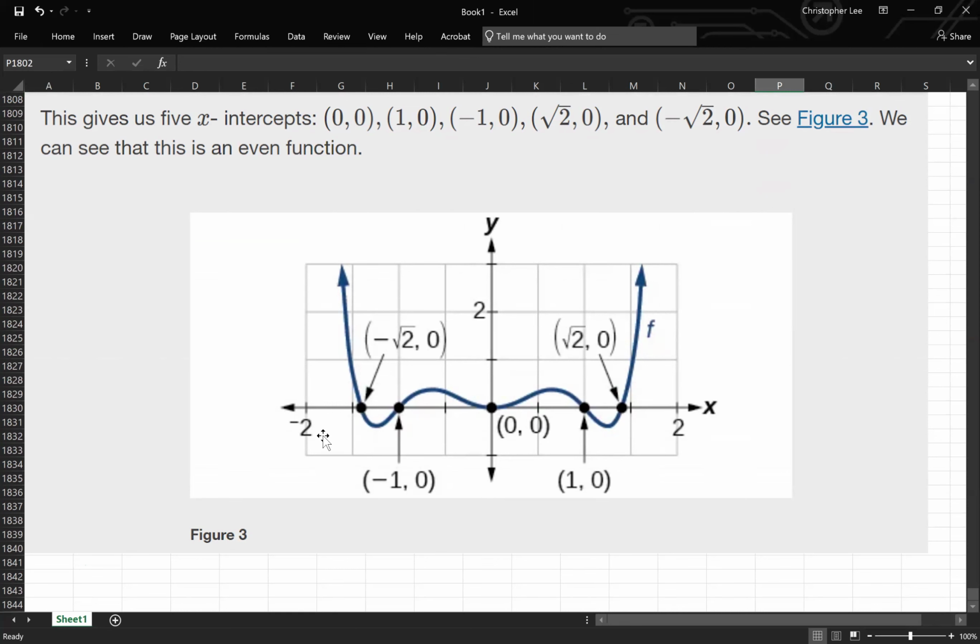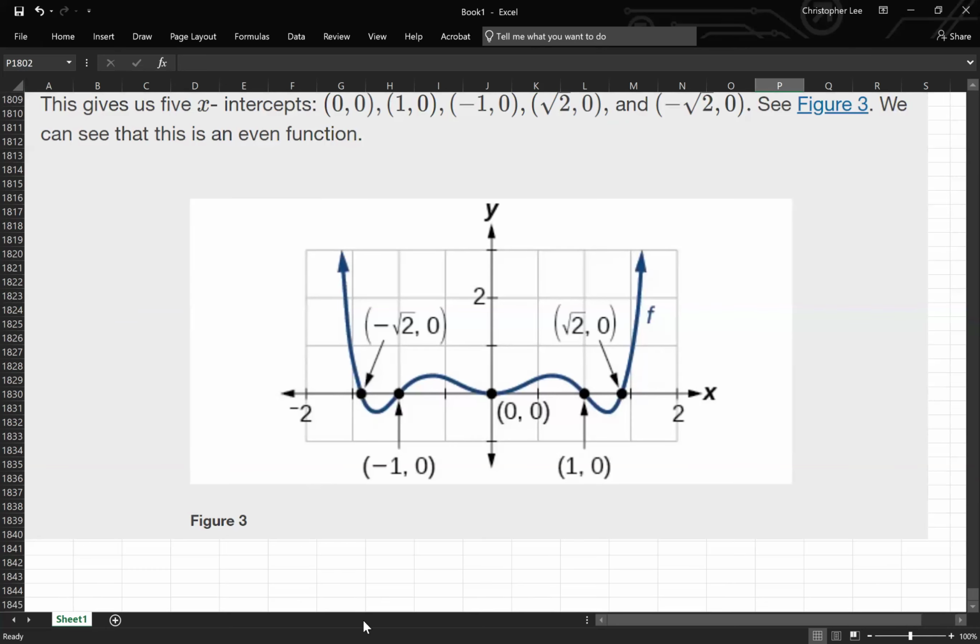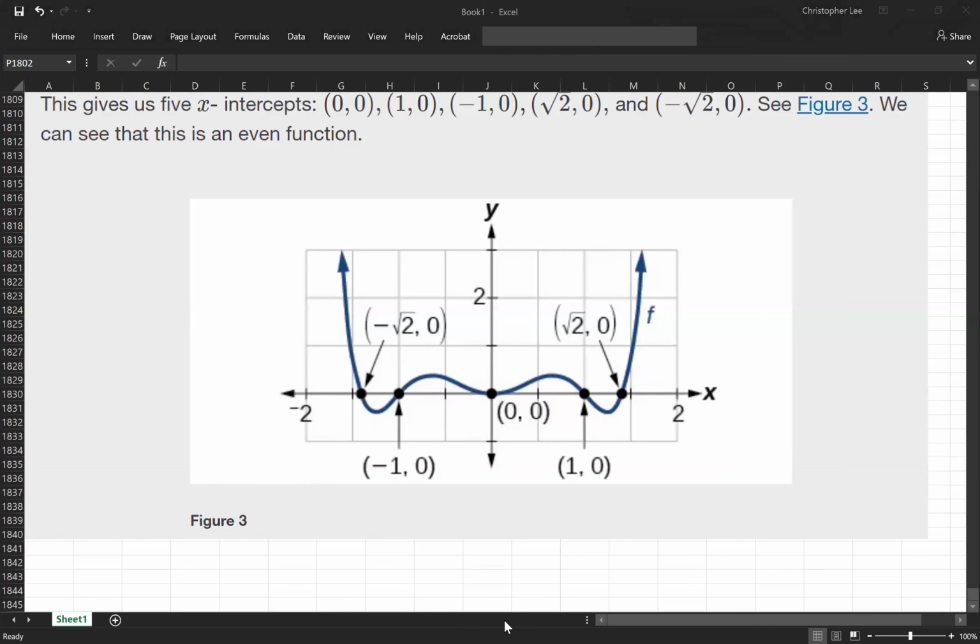And there they are. You have the negative square root 2, the negative 1, the 0. You got the positive 1 and the positive square root 2. That's it. That's how the graph looks. Don't worry about the turning. You'll do that another time.